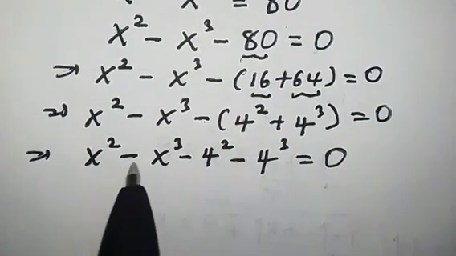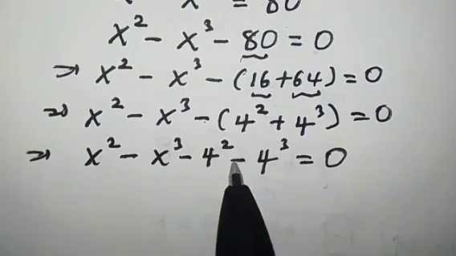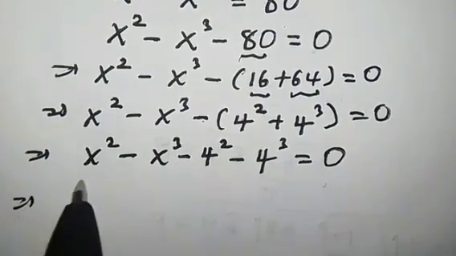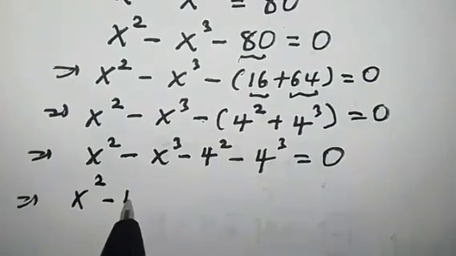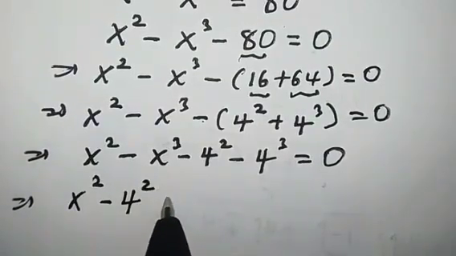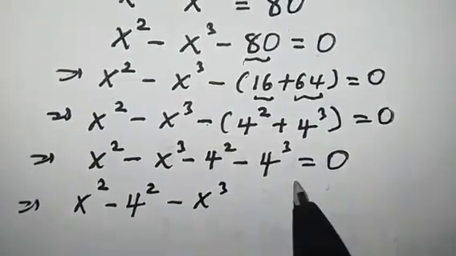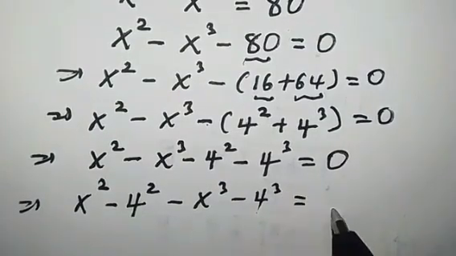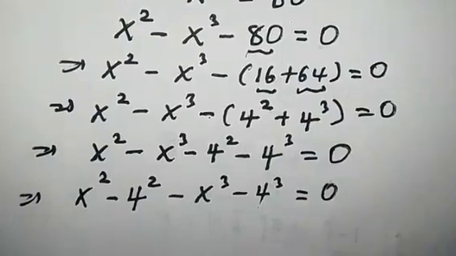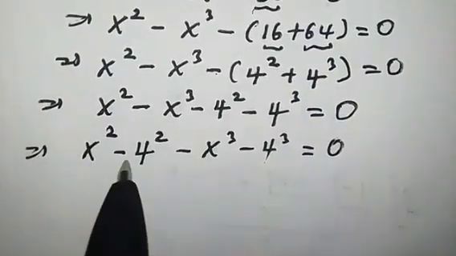Now, let us rearrange this equation. This means that x to the power of 2 minus 4 to the power of 2 minus x to the power of 3 minus 4 to the power of 3 equal to 0. I can put these two guys in brackets.